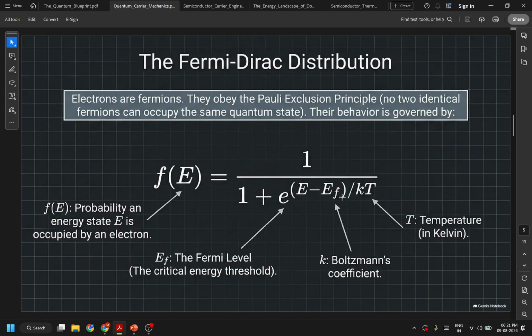And if E is less than EF, this will become e to the power minus infinity, which is 0. So this will become 1 by 1 equals 1.